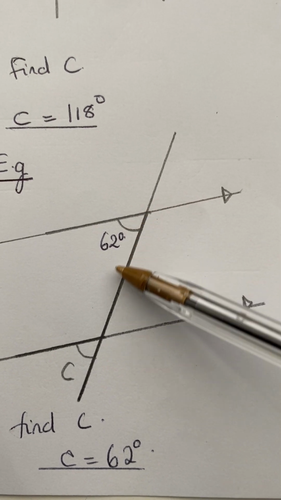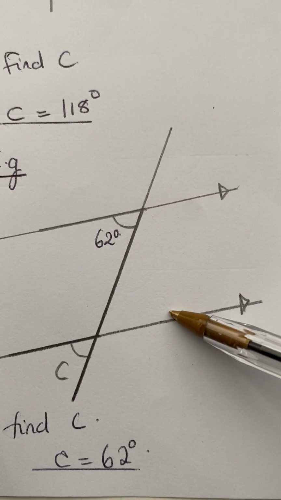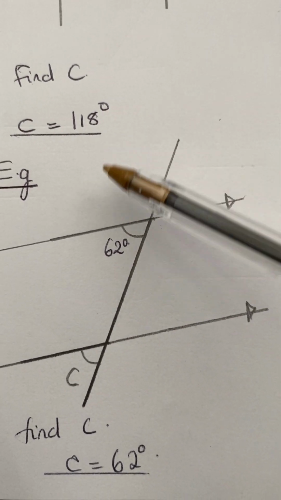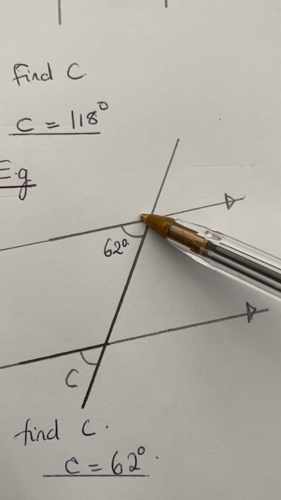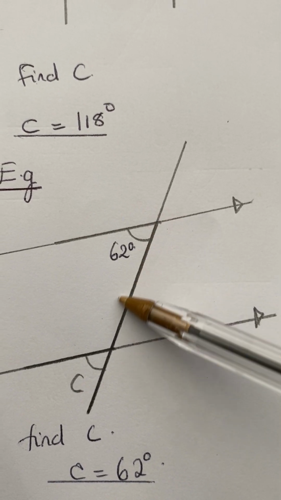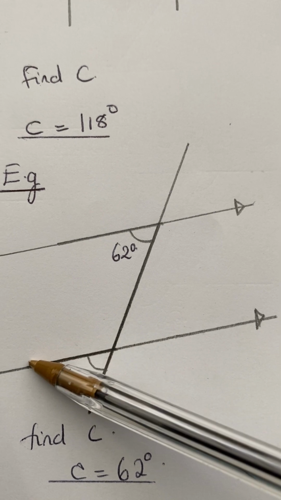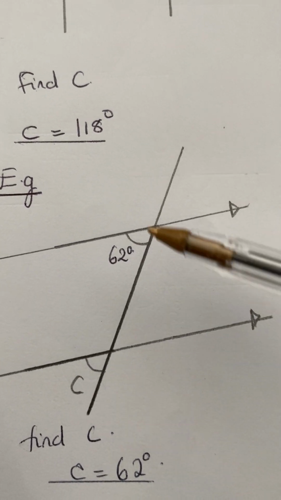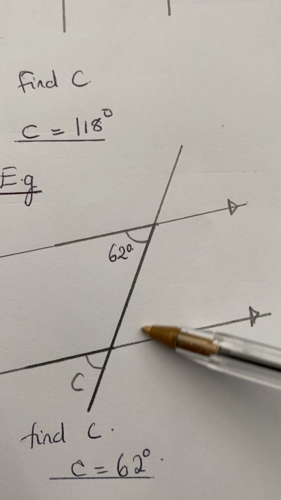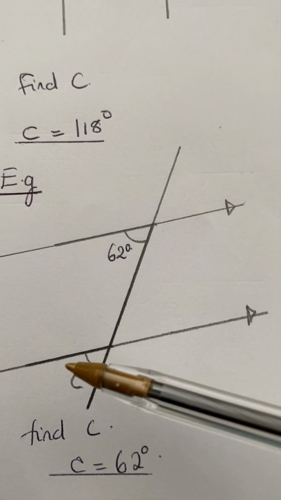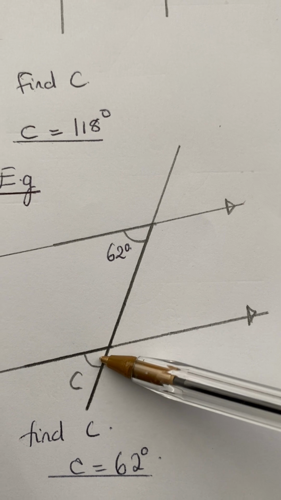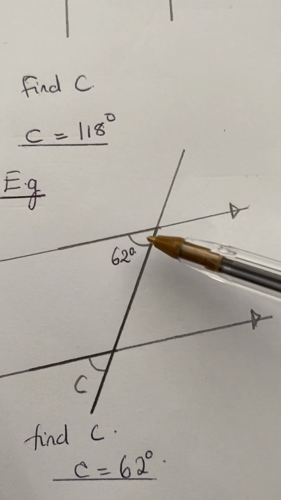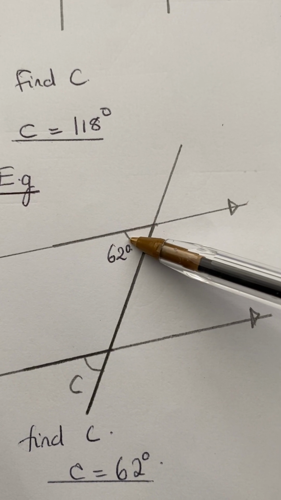That is an F angle here. Okay, and that will also be an F shape here, but in the other direction. I haven't been asked to find any angle here. I've been asked to find C, and I know this angle.